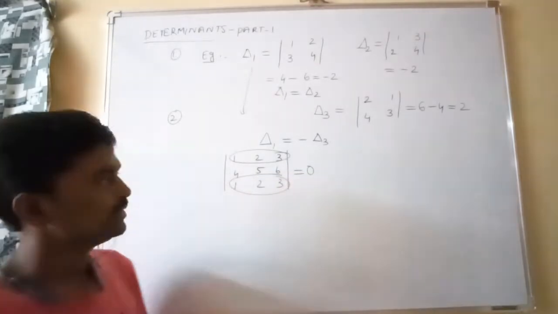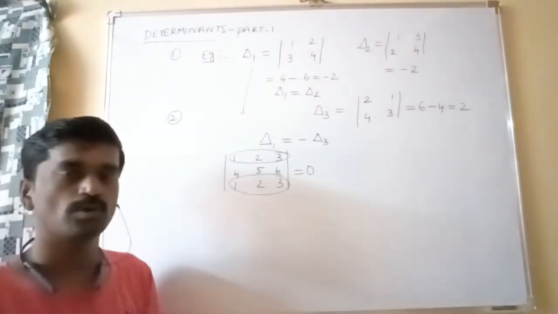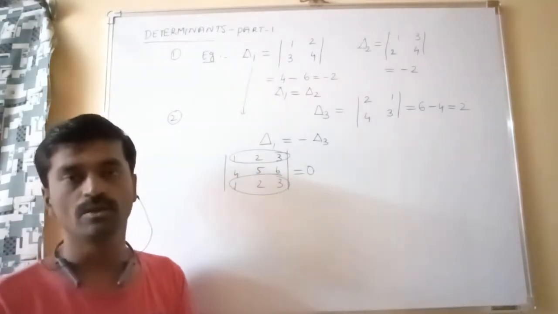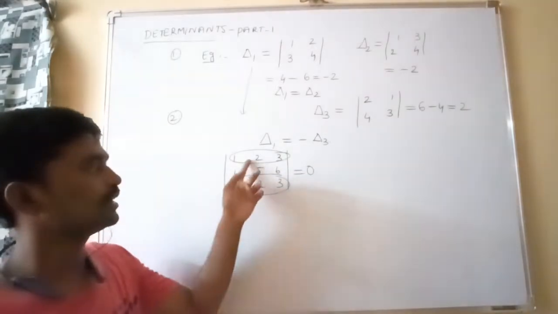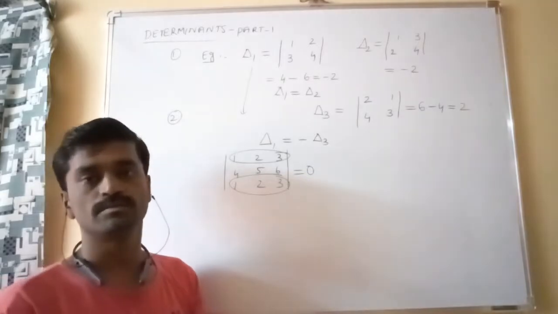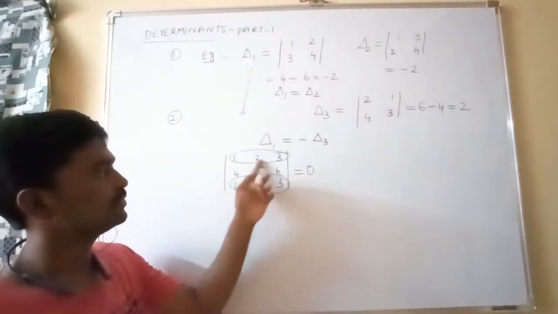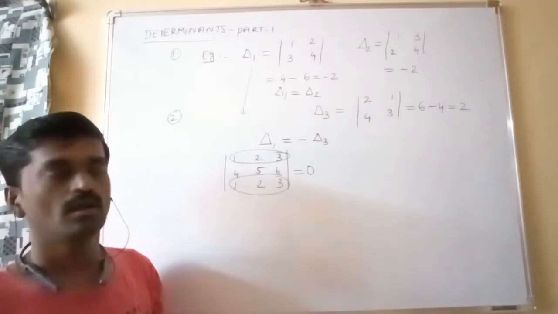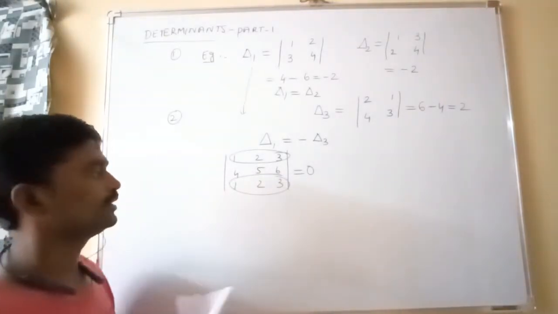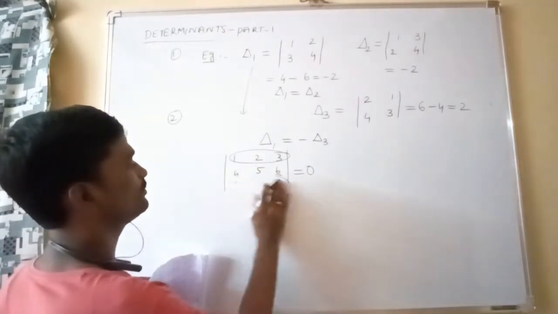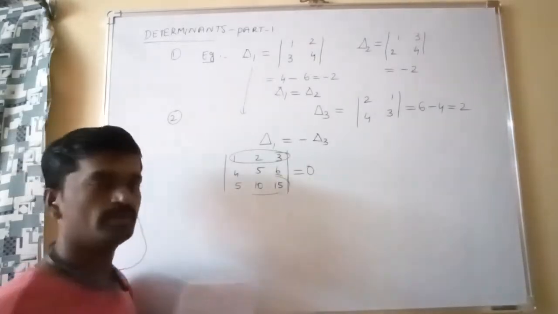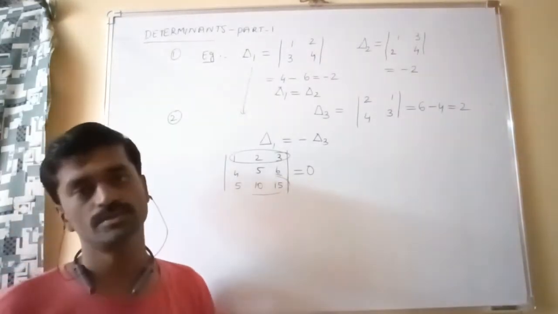And moreover, here the corresponding elements of the first row and third row are identical. Even if they are proportional with the same proportionality, in that case also the value of the determinant is 0.